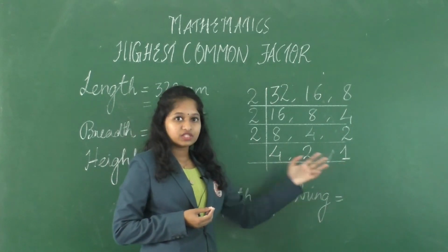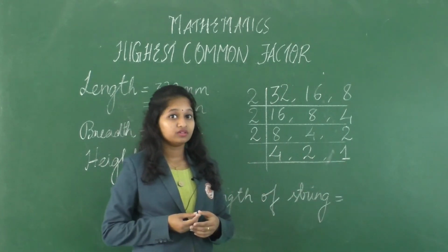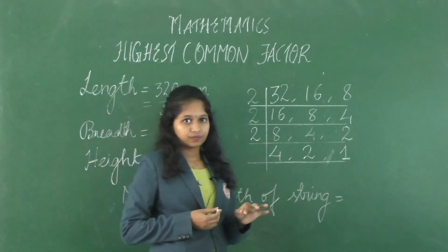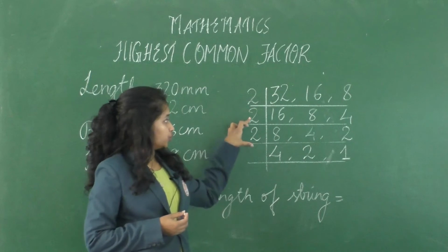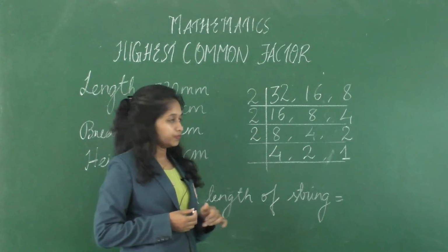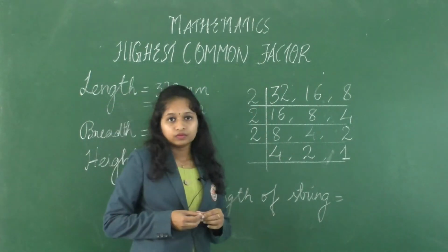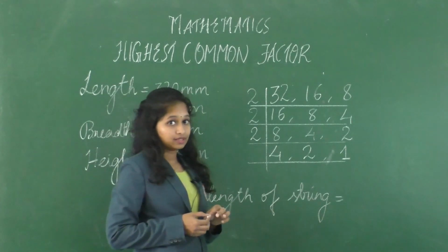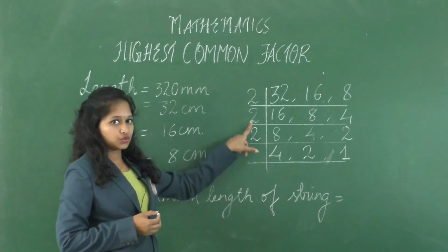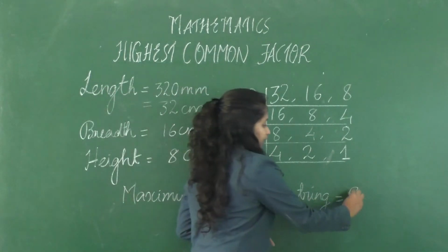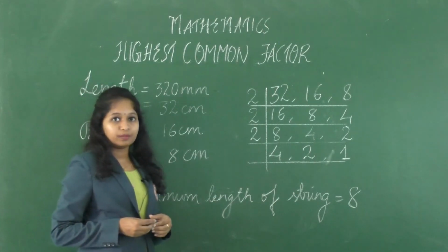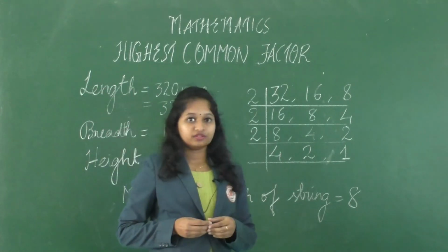Are these three numbers divisible by any other number other than 1? No. So leave it. So we get 2 into 2 into 2. So the HCF of 32, 16 and 8 is 8. 2 into 2 into 2, that is 8. So the maximum length of string can be 8 centimeter.